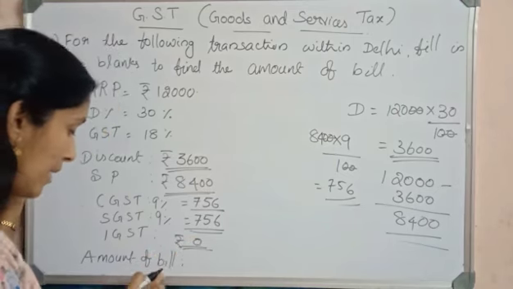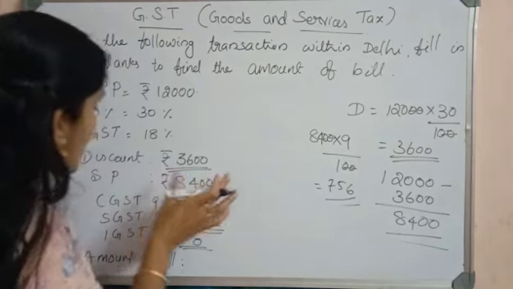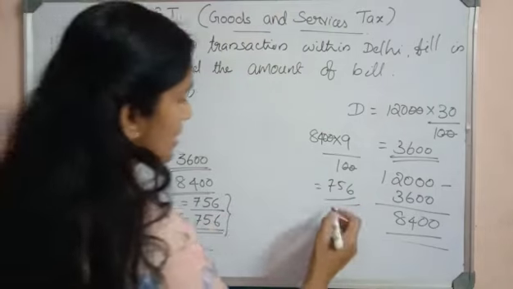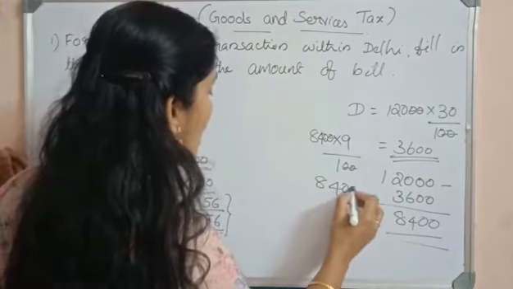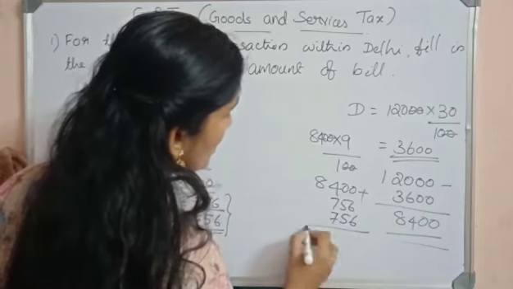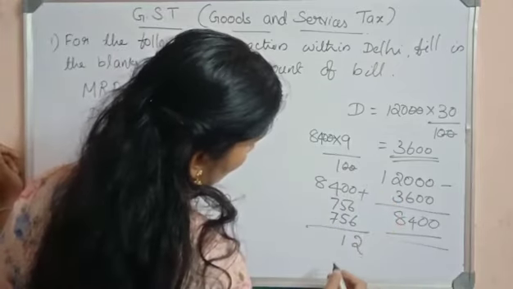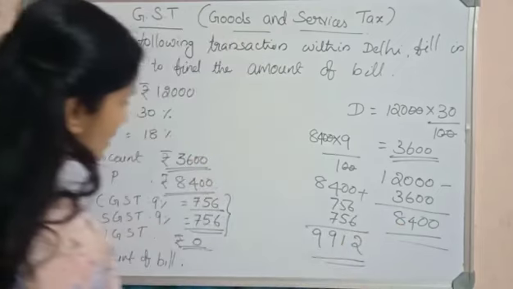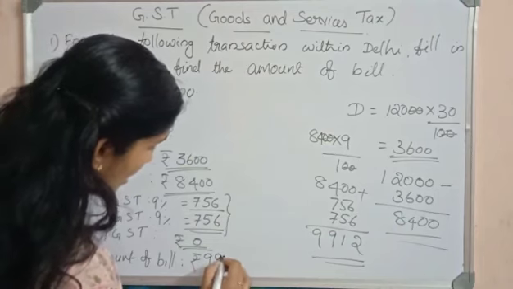And the amount of the bill can be calculated by adding the selling price as well as the CGST and SGST. So when you add all these things, that will be 8,400 plus 756 plus 756, and that is the same as rupees 9,912.